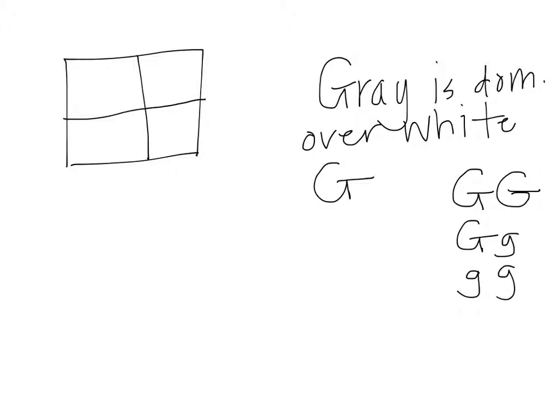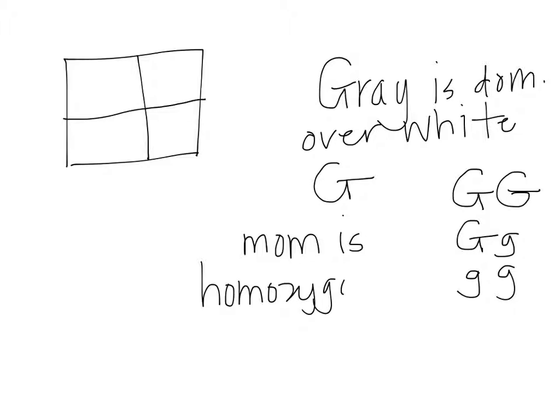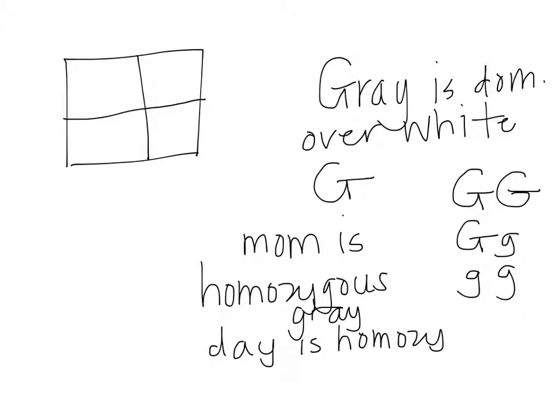Okay, so here is your scenario, your situation. So the mommy mouse is homozygous gray. Dad is homozygous white.